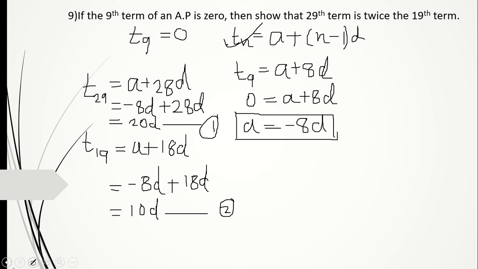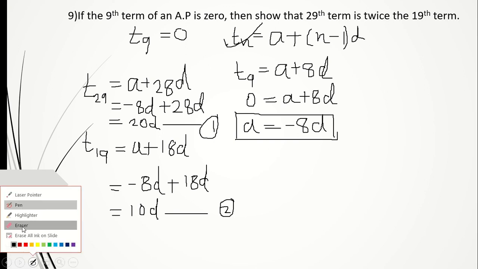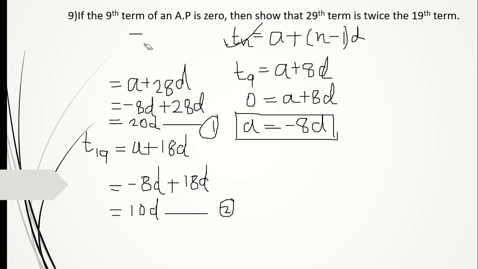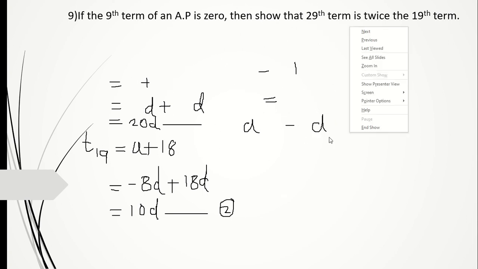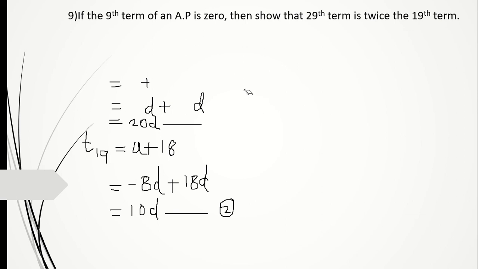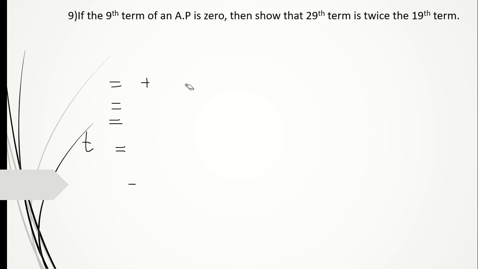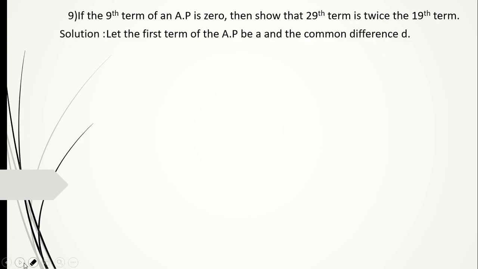So we have already got it, right? Twice. Let's just see how we can do it once more. Let the first term of the AP be A and the common difference D. T of 9 is 0.